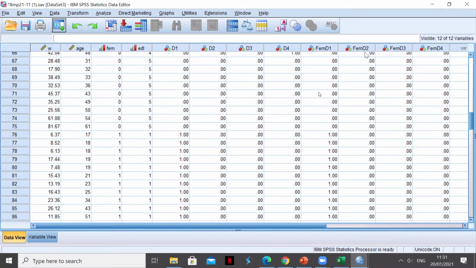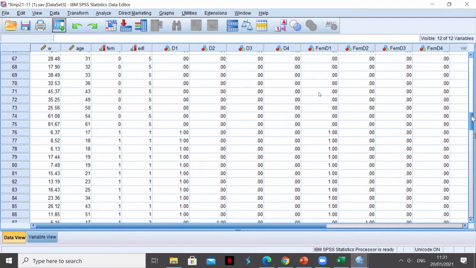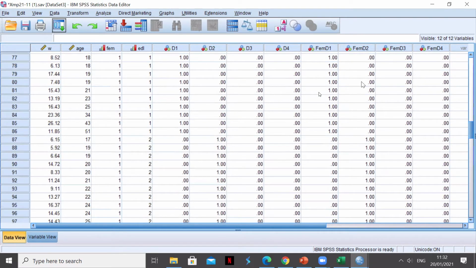FemD2 should be 1 if you have a female and education level of 2. So here femD2 is 1, and you go and look, and you have a female because it's 1, and you have an education level of 2. Thus you have femD2, so this returns 1. Why doesn't it return 2? Because 1 times 2, you'd say it's 2, right?